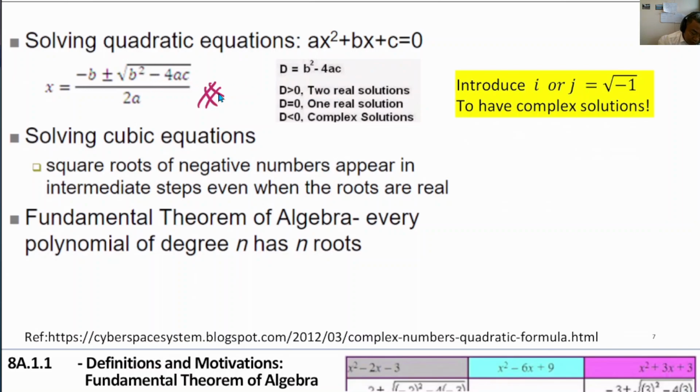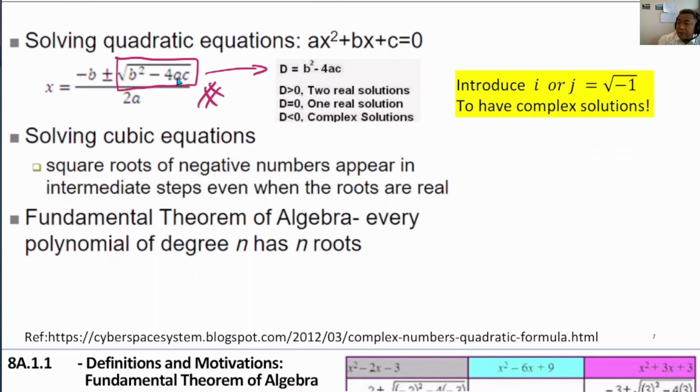Let's examine this square root of b squared minus 4ac. There are three different realizations of the value b squared minus 4ac. When b squared minus 4ac is greater than 0, we have plus and minus, so we have two solutions.